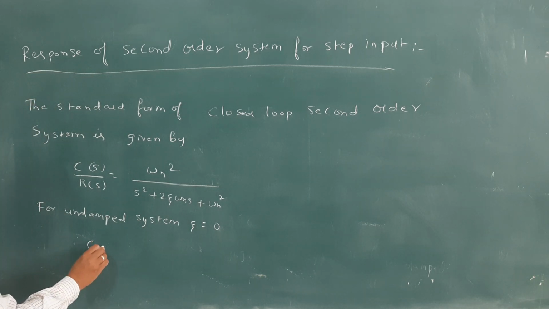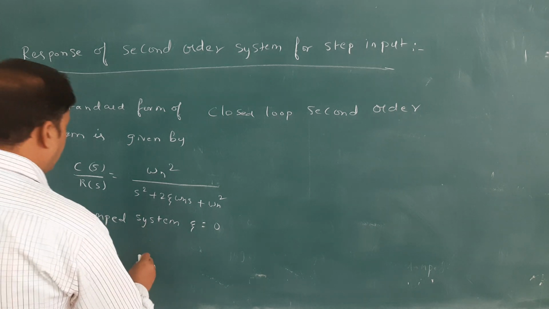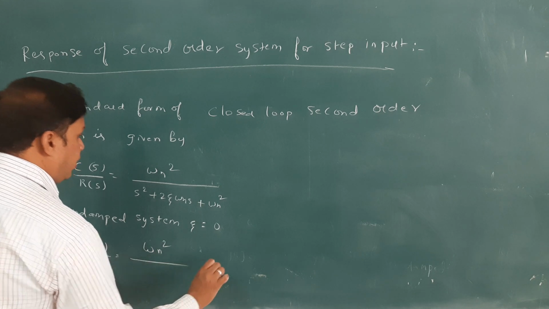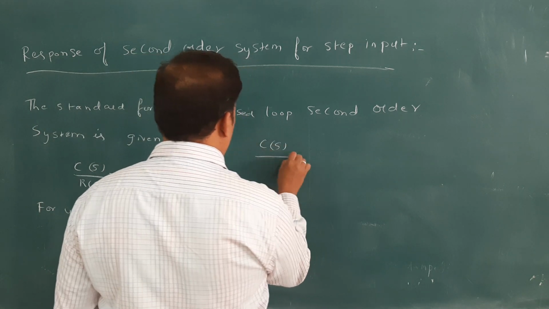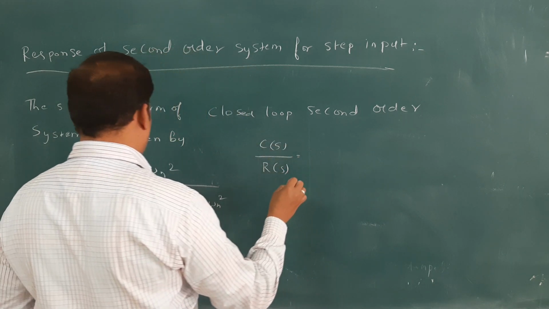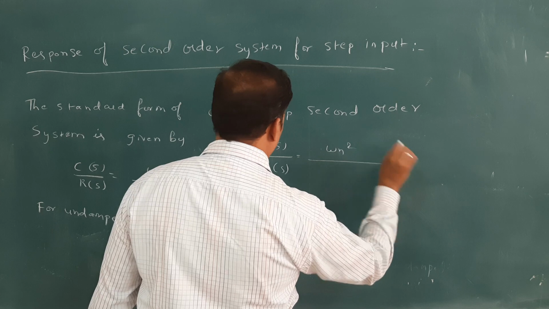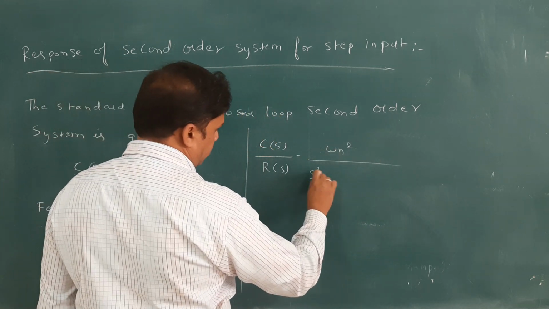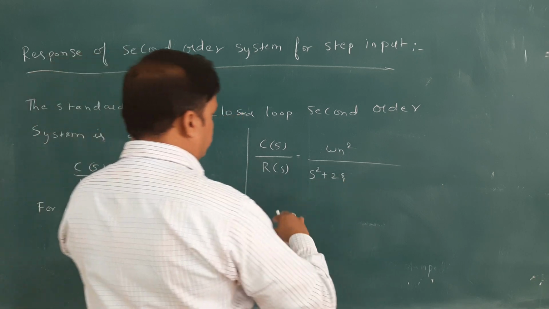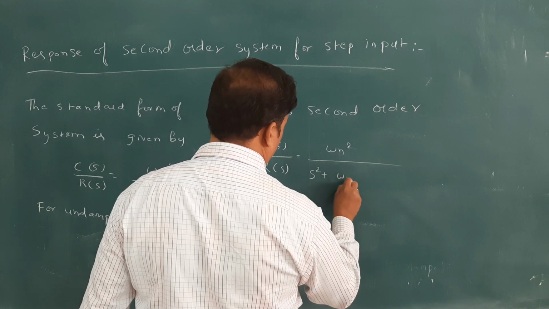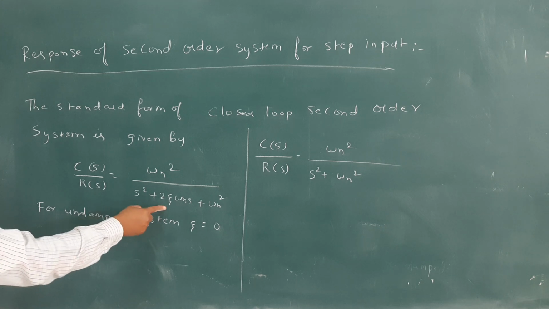That means C of s by R of s is equal to omega n square divided by s square plus omega n square. Why? Because zeta is equal to 0.